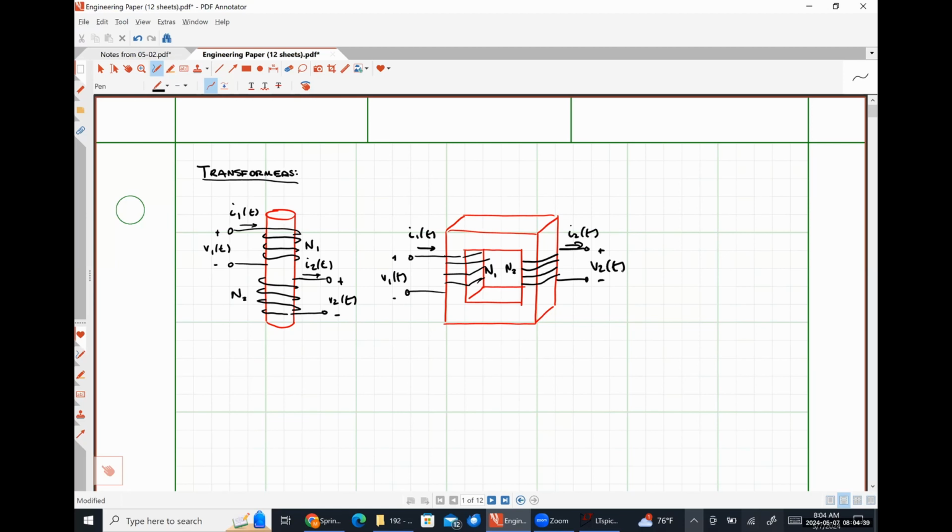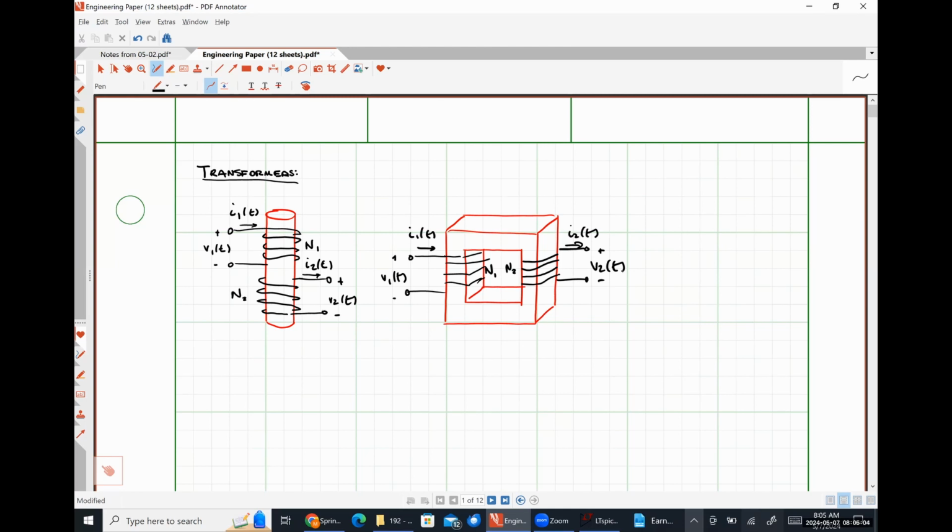All right, so effectively structures like these exist when we want to force or ensure that our system has magnetic coupling between our coils. These types of structures are very commonly called transformers.